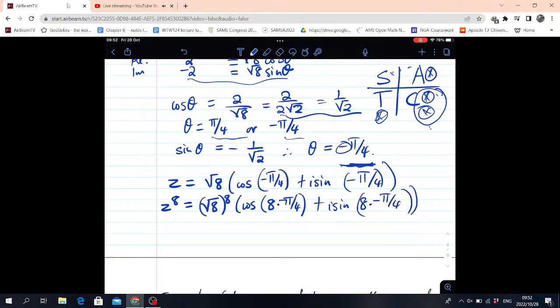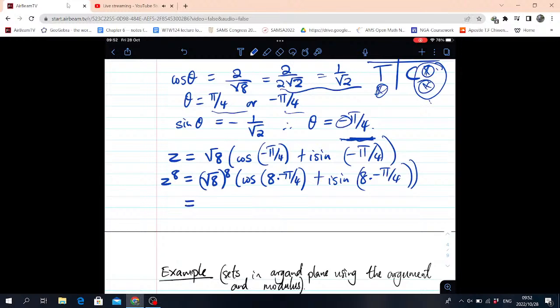And then from here, this is just 8 to the 4, right? Because square root, you can say 8 to the half times 8, you get 8 to the 4. And then here you get cos of minus 2 pi plus I sine minus 2 pi, like that.